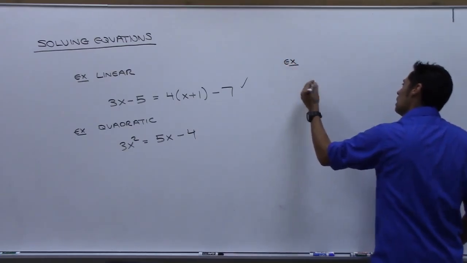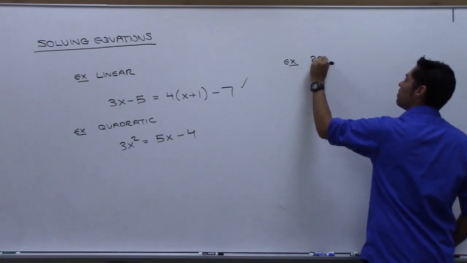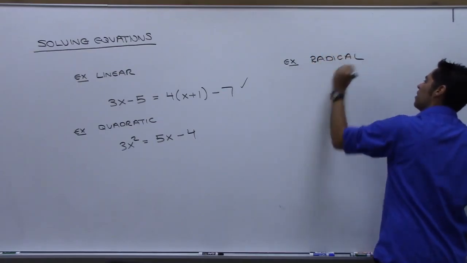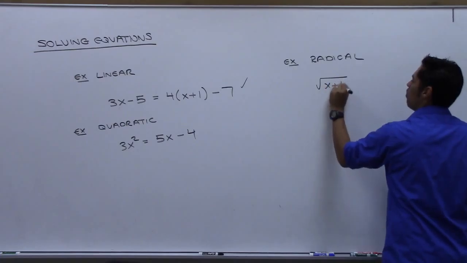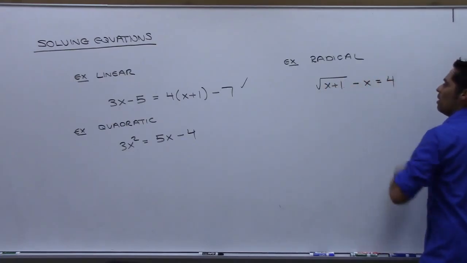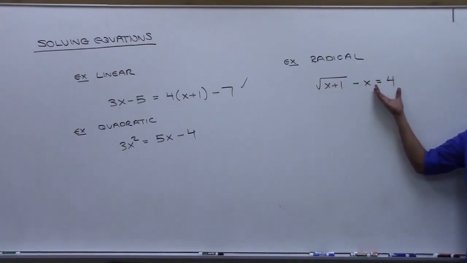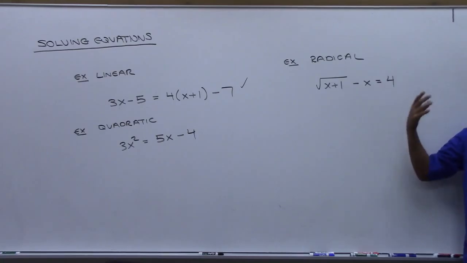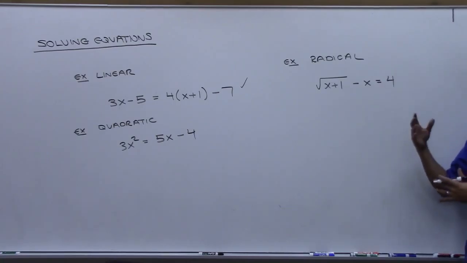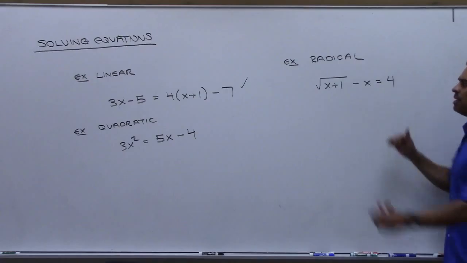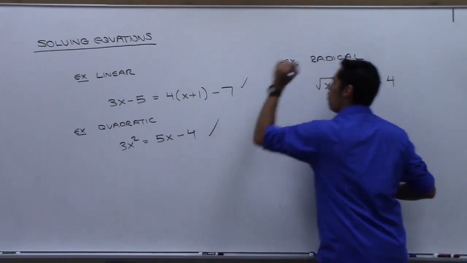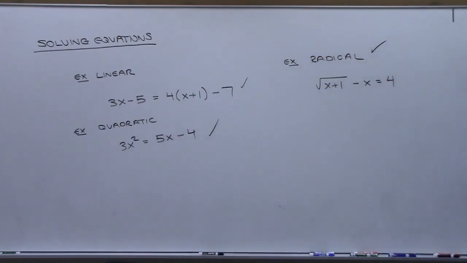We can do radical equations, things like square root of x plus 1 minus x equals 4. And we actually had a process for this. Isolate the radical, square both sides, and you go through, and we have a process, a way of doing it, right?